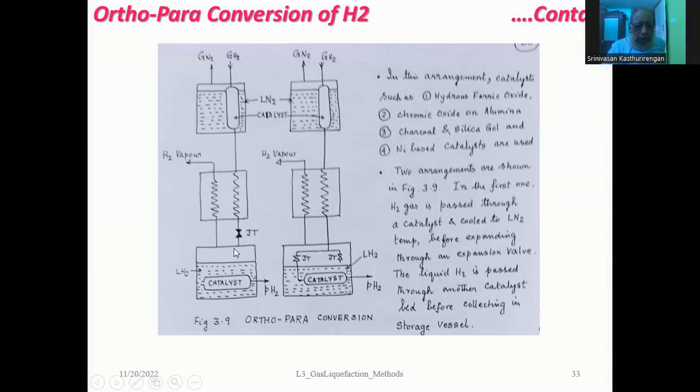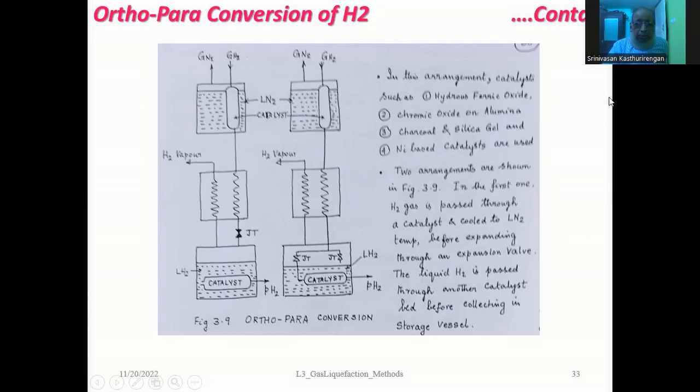So now, because of the ortho-para conversion, there is a certain amount of vaporization. That cold vapor will pass through this part and then comes out as hydrogen vapor. This hydrogen vapor, being gaseous hydrogen, will be combined along with the gaseous hydrogen at the inlet, right?